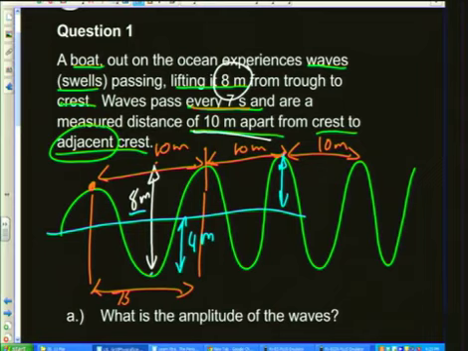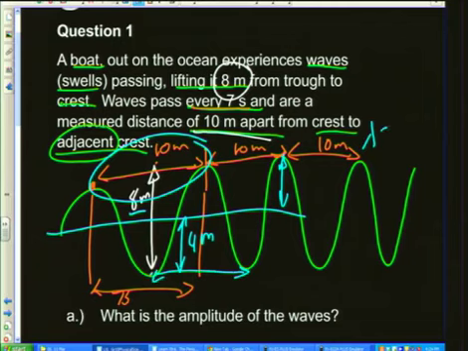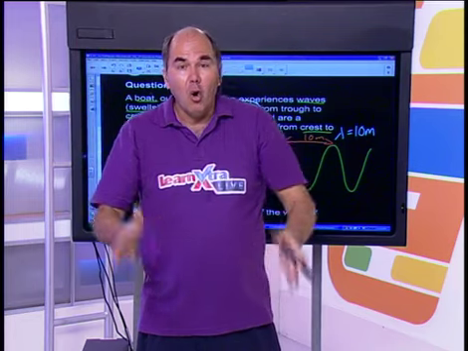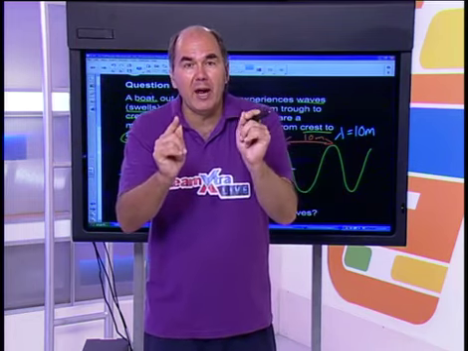The other thing that I know, this distance that they've given me of 10 meters from crest to crest, which is the same as from trough to trough, is given the symbol lambda, and lambda stands for the wavelength. Now remember, the wavelength can be from crest to crest or trough to trough, or we can even say it's between any two parts of a wave where the particles are in phase.